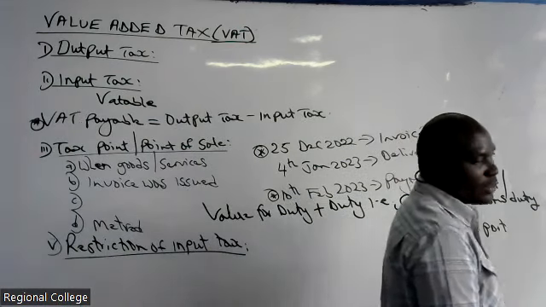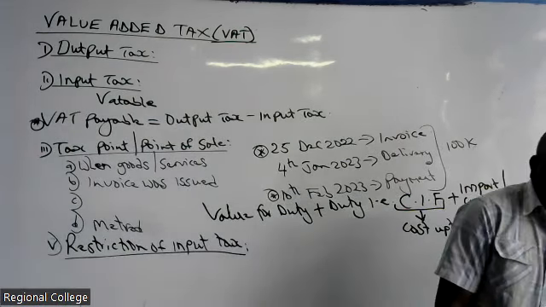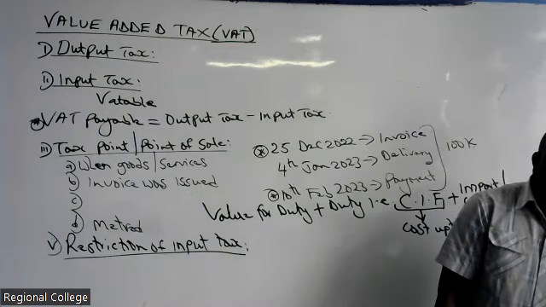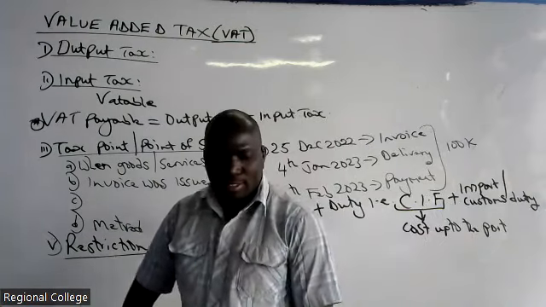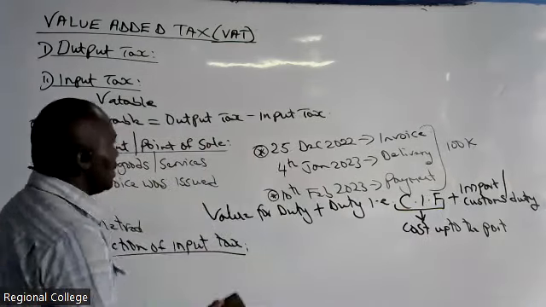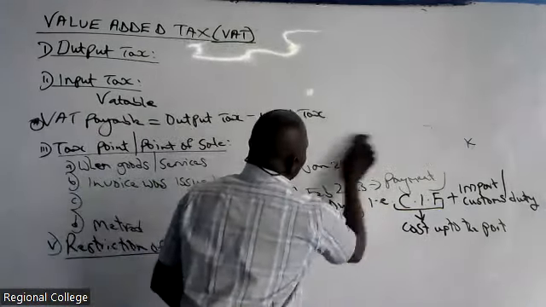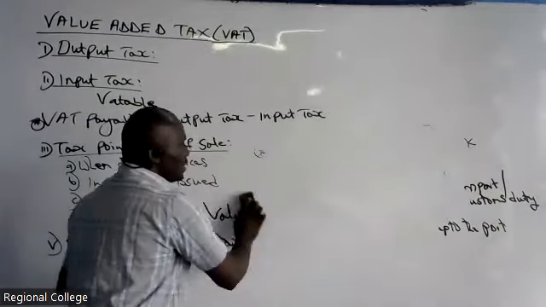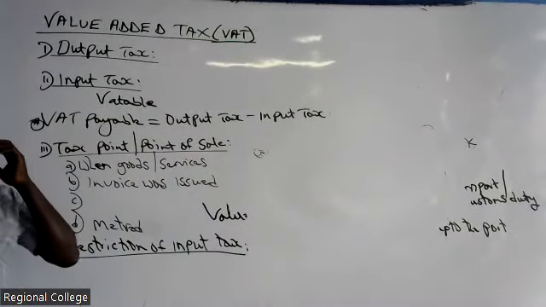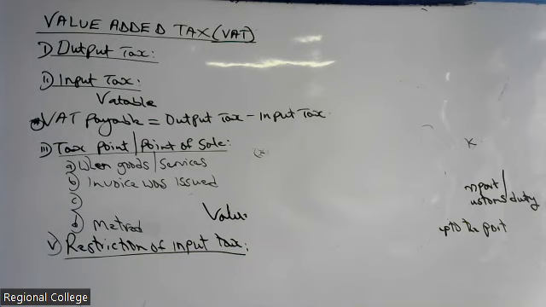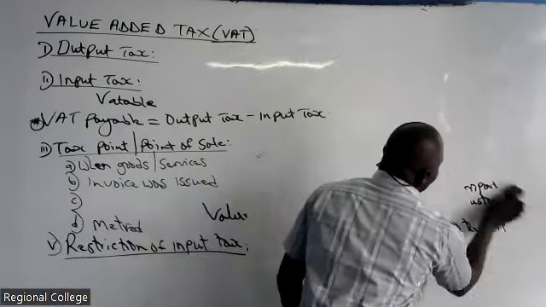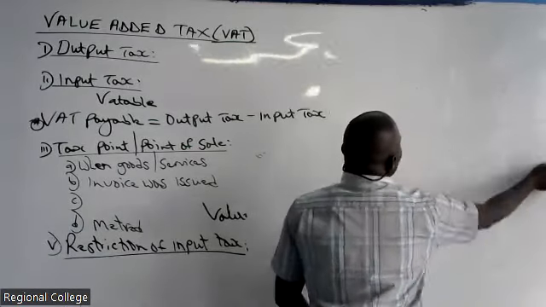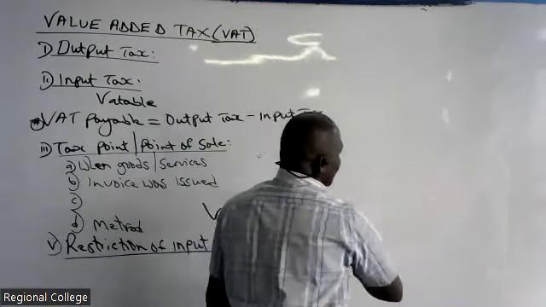Restriction of input tax, we say, it is where a registered person deals in both exempt and vatable sales.